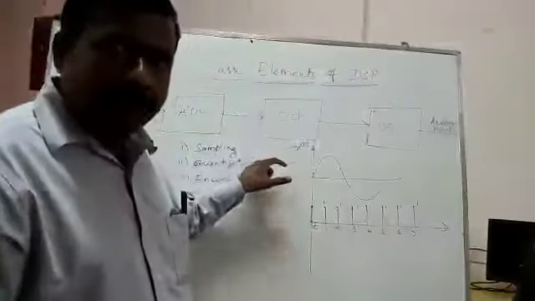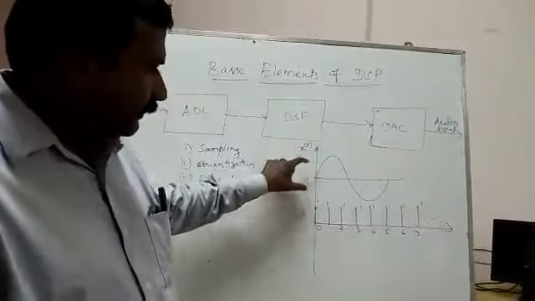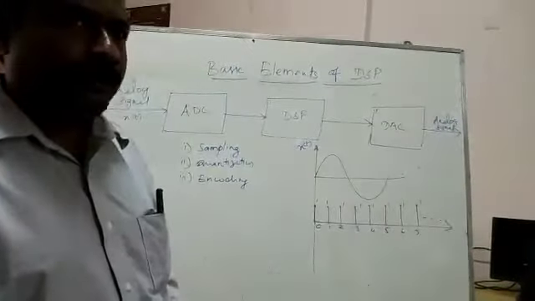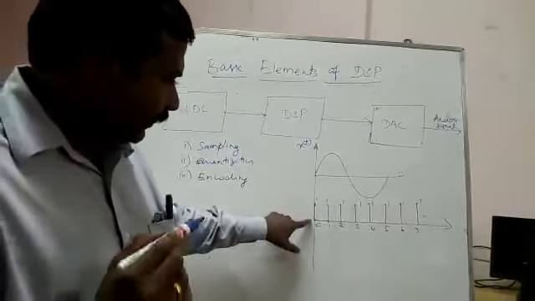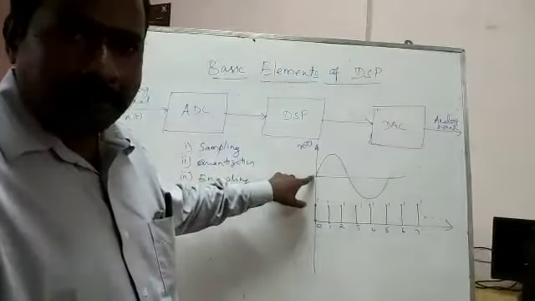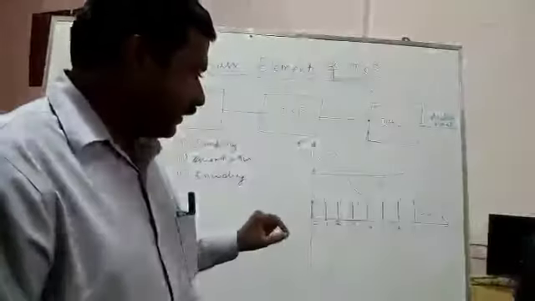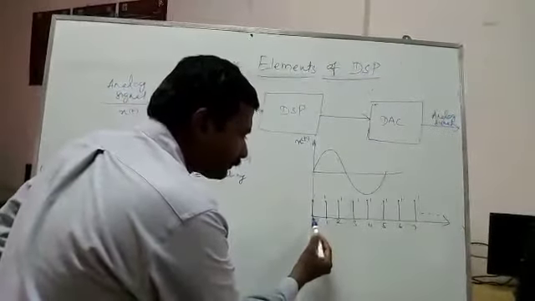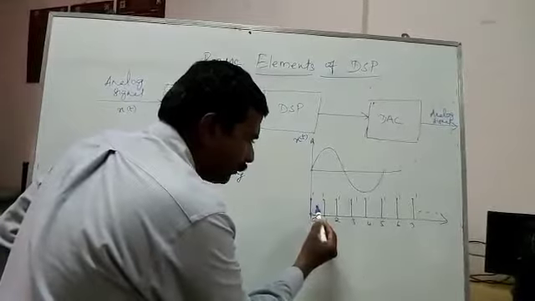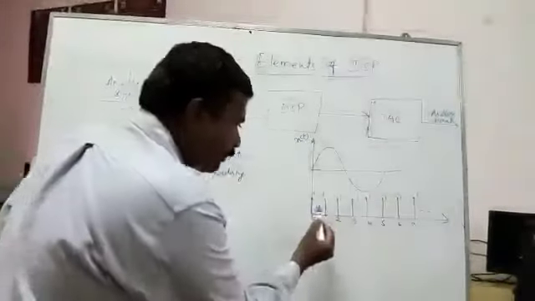So when we perform the product between this continuous time signal and this sampling function, whenever a sampling function comes, at that time only the amplitude of the analog signal is traced out or determined, because in between two samples the amplitude is assumed to be 0 here.